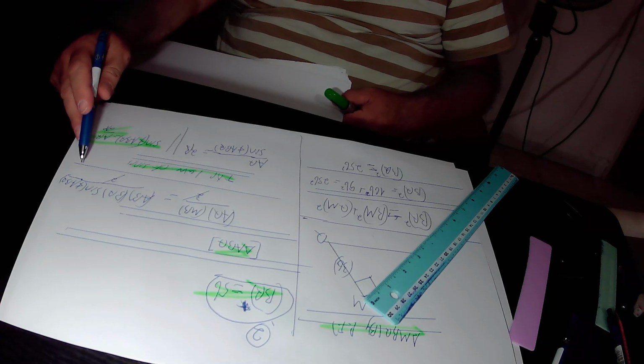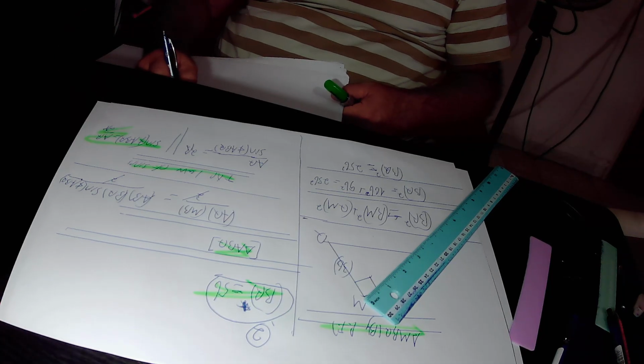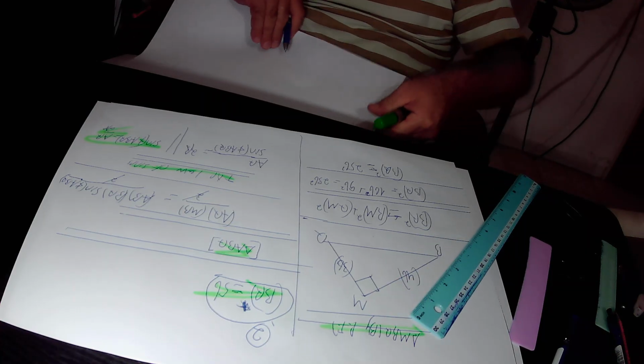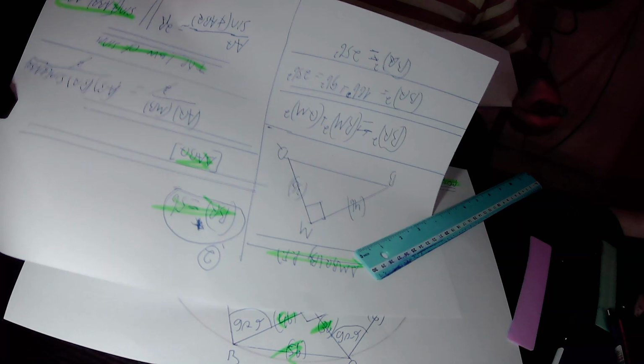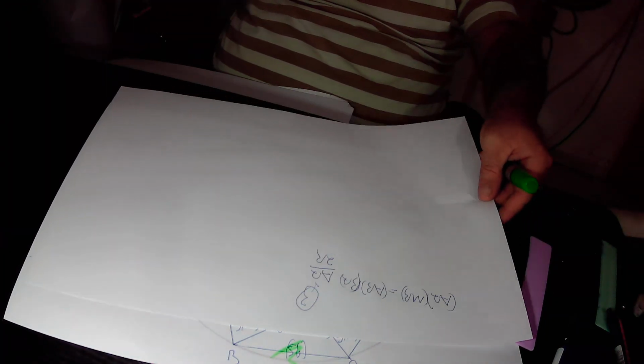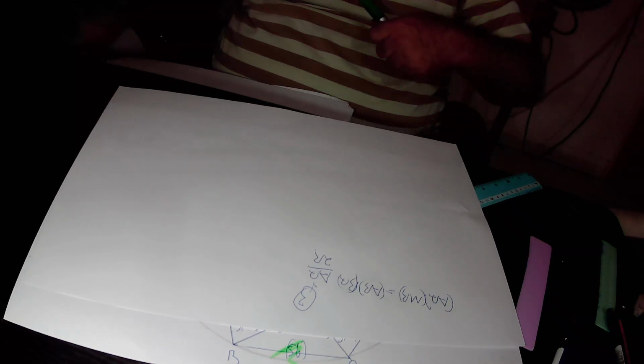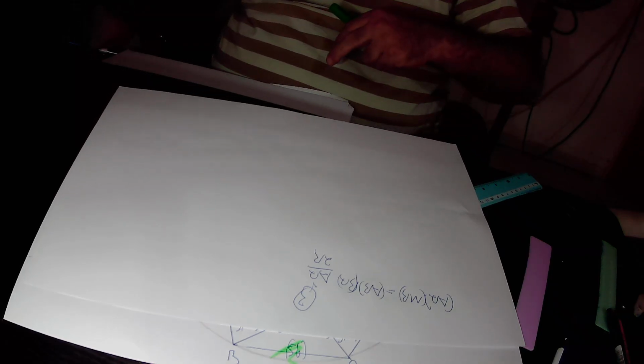So we substitute sine of angle ABQ by AQ over 2R, and we get that AQ times MB equals AB times BQ times AQ over 2R.